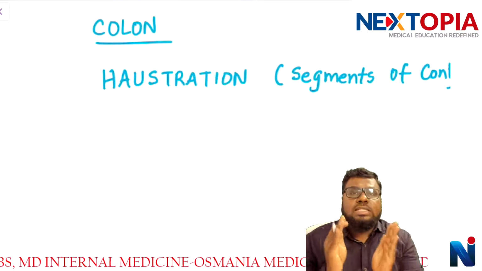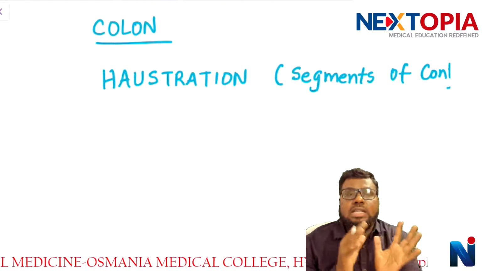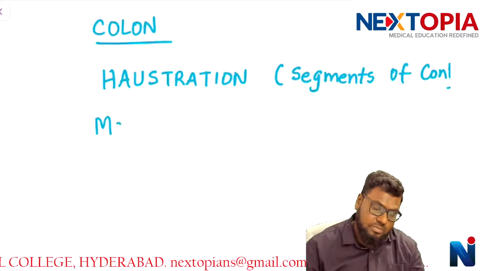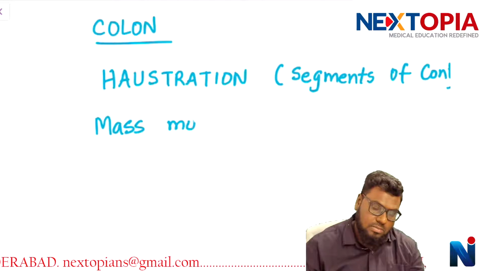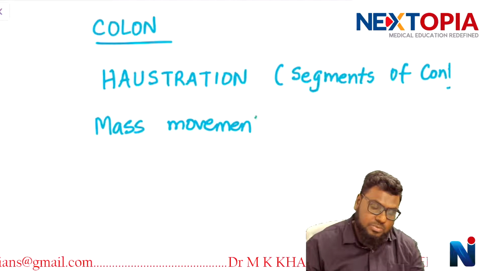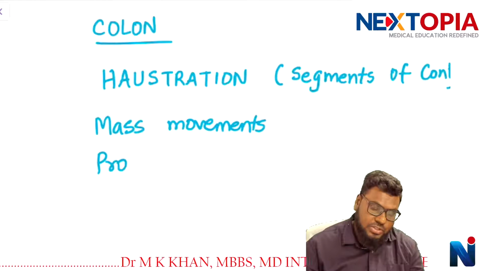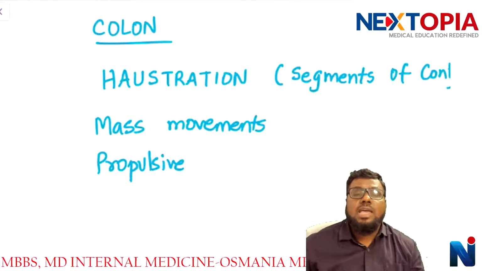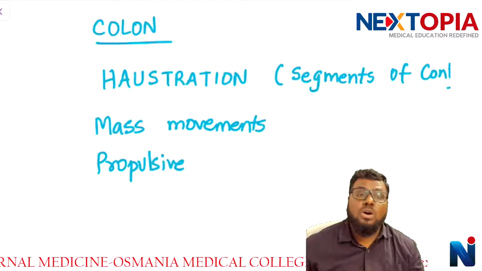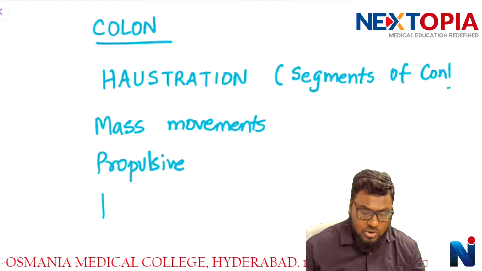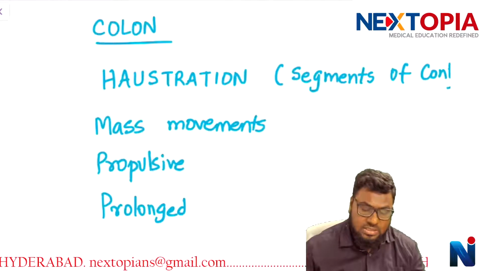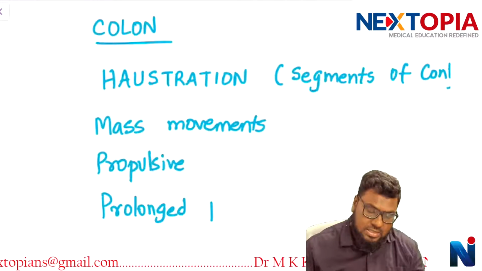In the colon, there is movement of the contents in mass. There is mass movement, and this movement is brought about by the propulsive actions created by the peristaltic wave. Here the peristaltic wave is more prolonged than in the small intestine. So we have prolonged peristalsis. In the small intestine it is rhythmic peristalsis. Here it is a prolonged peristalsis.